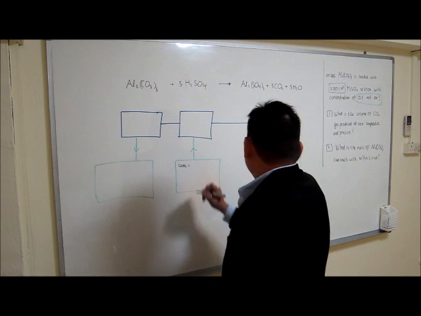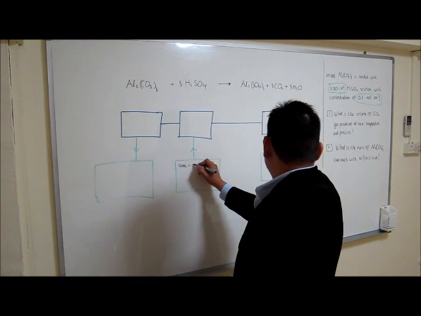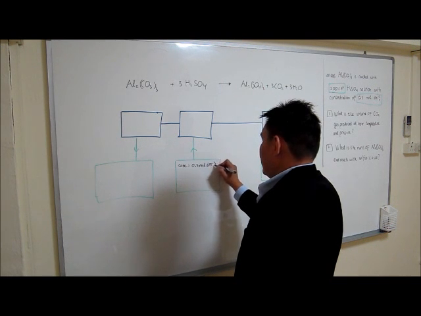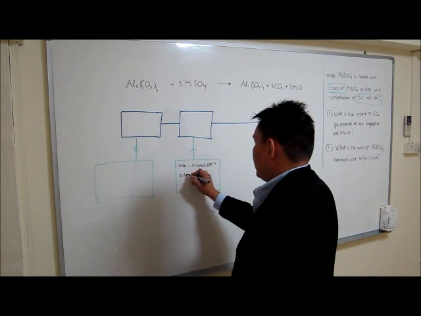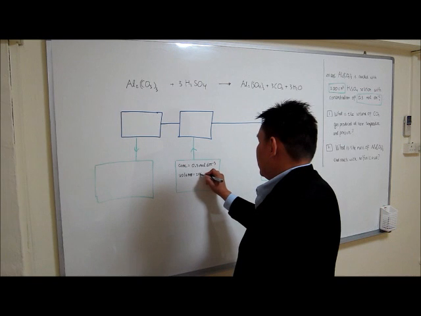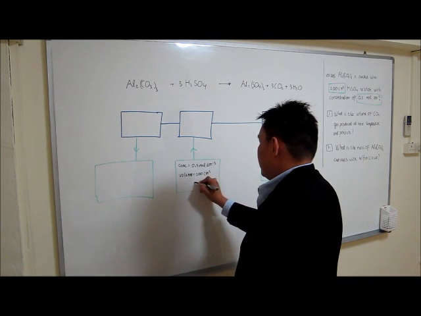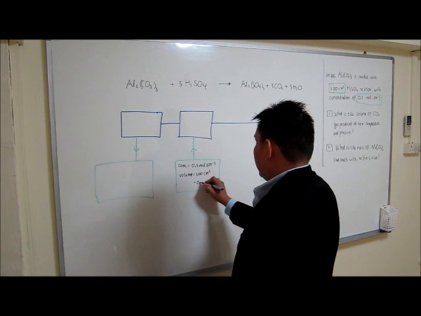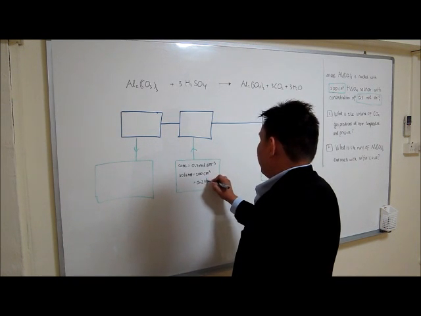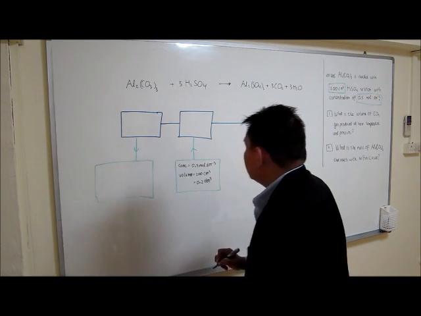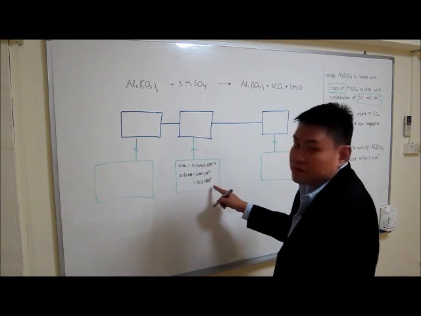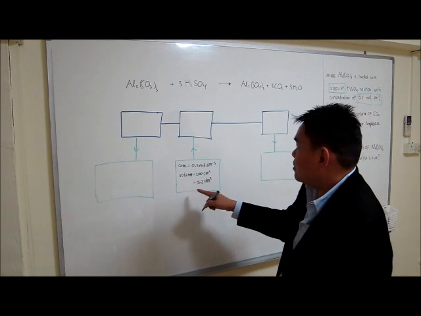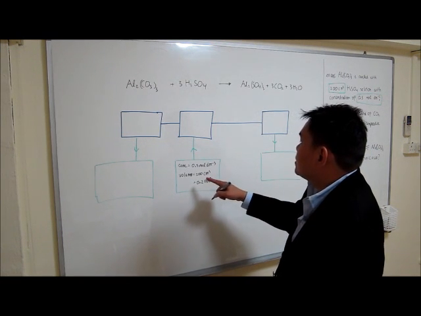The concentration is 0.3 mol per dm³, and the volume is 200 cm³, which is also 0.2 dm³. So we put it in a green box here because it's not in mole.